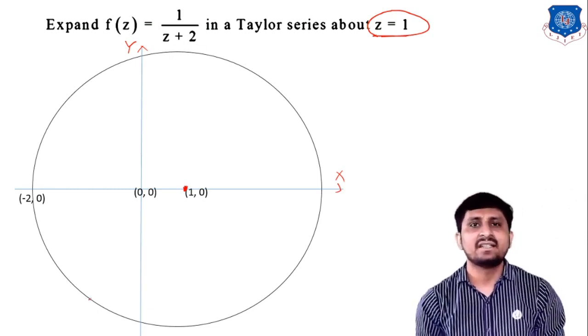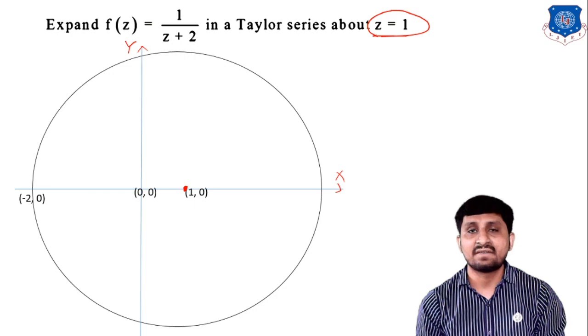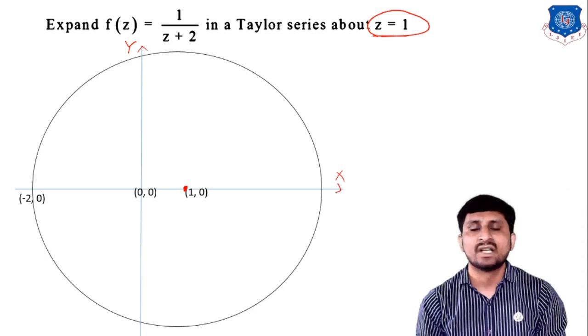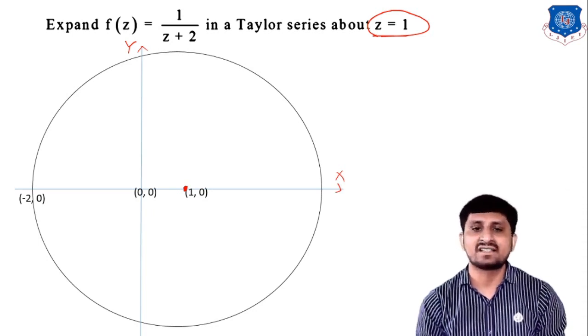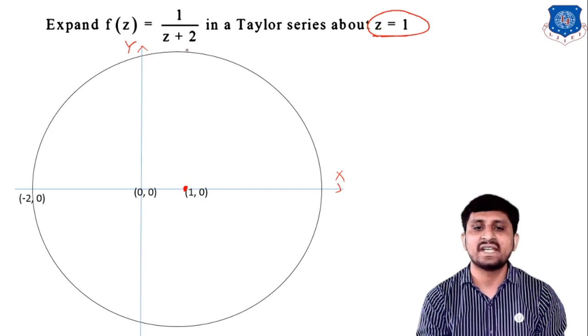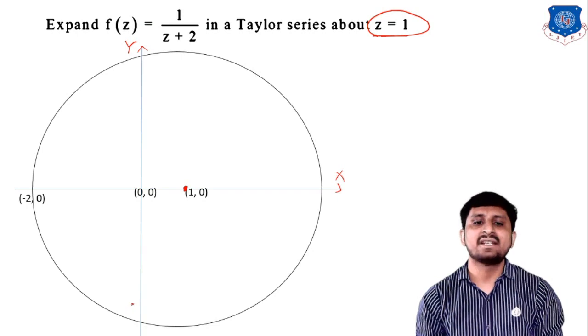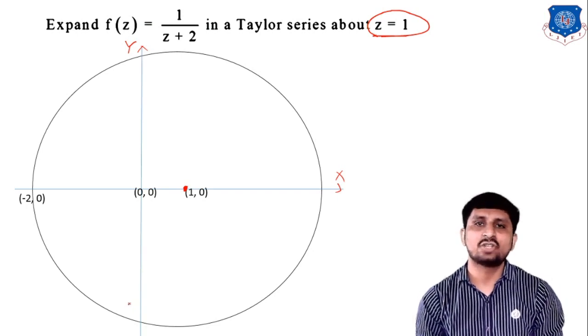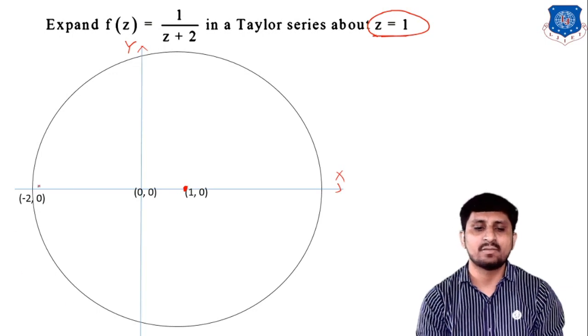So definitely in the denominator we have z plus 2, and the given function is analytic everywhere except at one point. Which point? Where the denominator becomes 0. The denominator becomes 0 at z equal to minus 2. So at z equal to minus 2, the given function is not defined, that is, at the point (-2, 0).